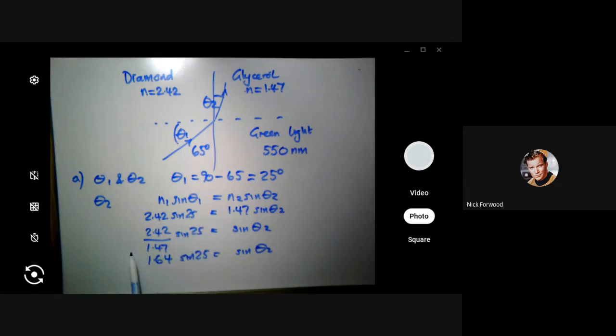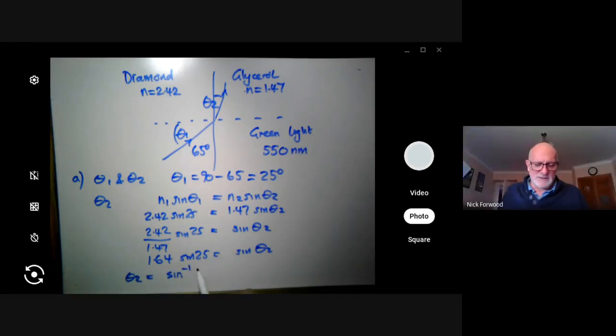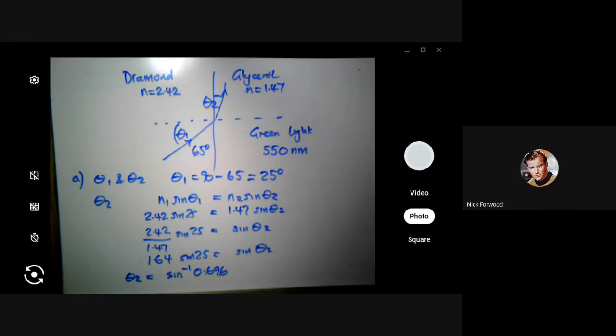So theta 2 is the inverse sine of that lot: 1.64 times sine of 25, which is 0.696, I think, and the inverse sine comes out to be 44.1 degrees, I think.